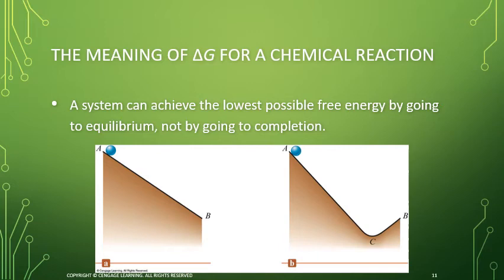Now, as we go through this, a system can achieve the lowest possible free energy by going to equilibrium, not by going to completion. So we have two possibilities when, as you saw in one of those previous slides, in this position here, if I'm just thinking about a ball rolling down a hill, again, gravity's pulling on it in this direction. It would also be pulling on it if it was going in this direction.